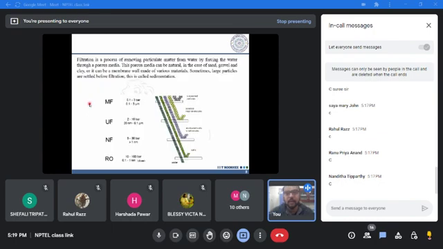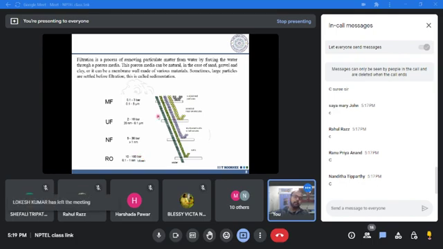So you can see from this structure, microfiltration has a pore size of 0.1 to 5 micron. Ultrafiltration has 20 nanometer to 0.1 micron. Nanofiltration is less than 1 nanometer, and RO is 0.1 to 1 nanometer.